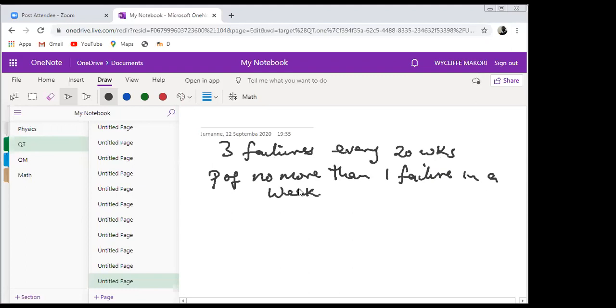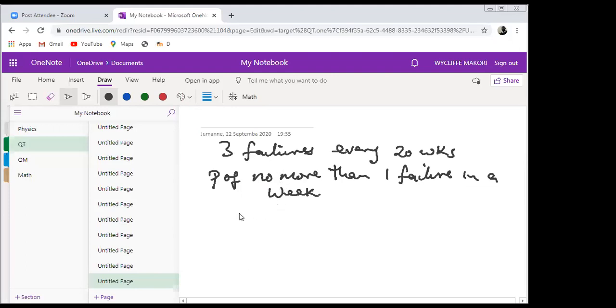So this is a question that is testing 2 concepts. Number 1, this failure was for 20 weeks, but now the question is talking about a week. So we need to change this mean to be per week.